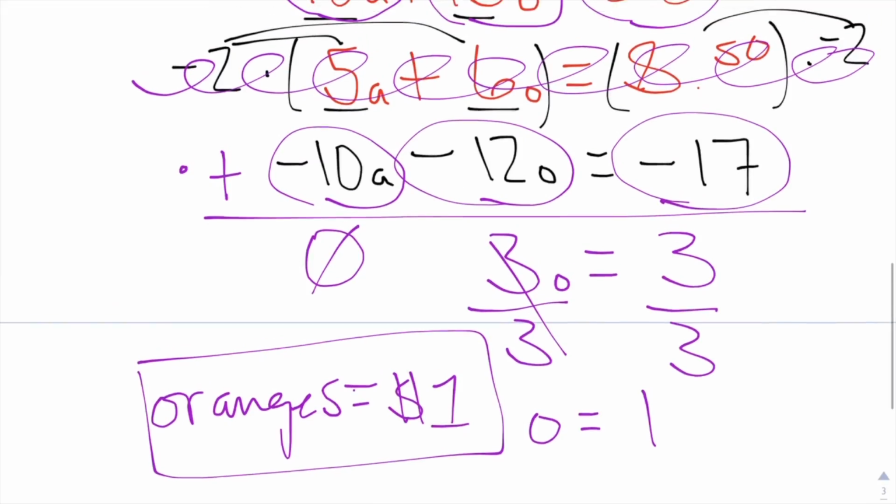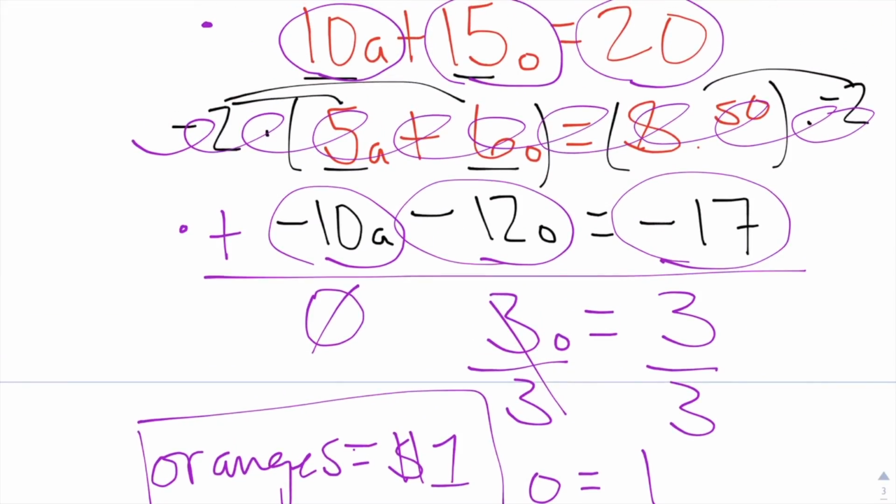Okay? Now that we know the oranges are $1, I'm going to take this information and plug it back into the equation. I'm going to pick the top equation. I'm going to plug 1 in for O. Okay?